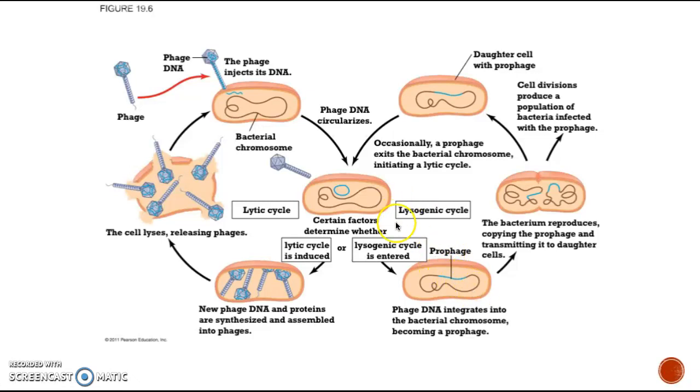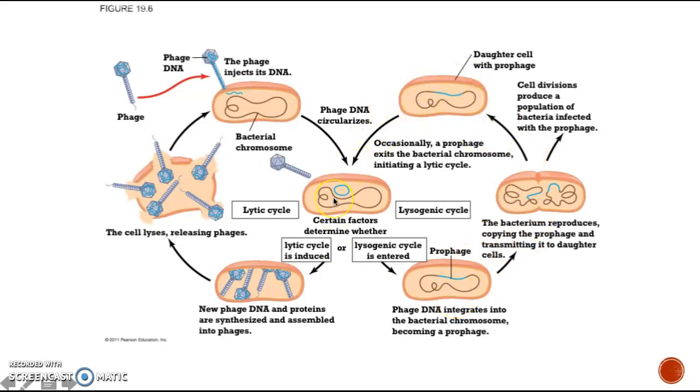At this point, it's called a prophage, which just means it's viral DNA, but it's kind of inert. It's not really doing anything, and it's just chilling there with the host. So every time the bacteria replicates, remember binary fission, that prophage is going to get replicated as well. And it's just going to keep on doing that. The daughter cell is going to continue to have that prophage material in there.